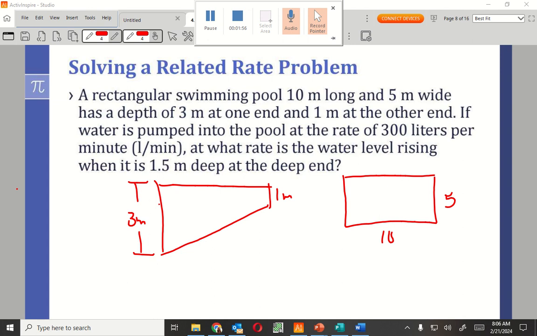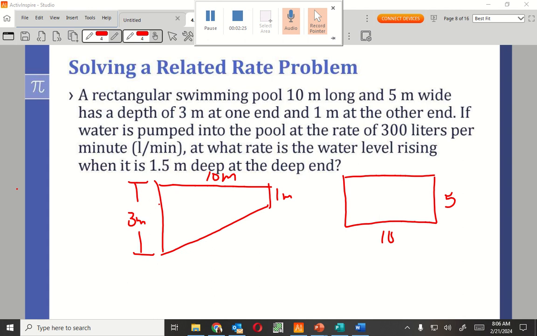Okay, so there's my pool. This distance across here is going to be my 10 meters. Now that we have this set up, over here I have a trapezoid, over here I have a rectangle, and then this is going to be a volume.